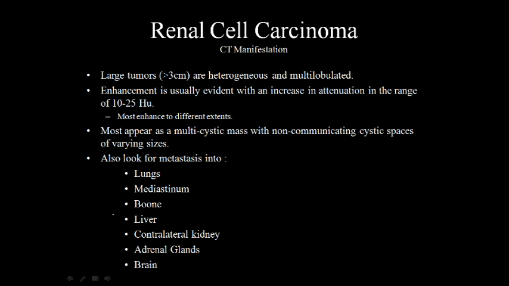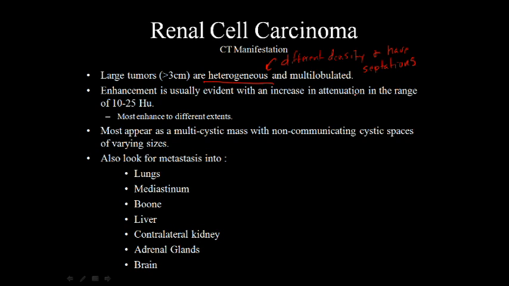So what does renal cell carcinoma look like? Large tumors greater than 3 centimeters are heterogeneous and multilobulated, and so they have different densities, and have septations.